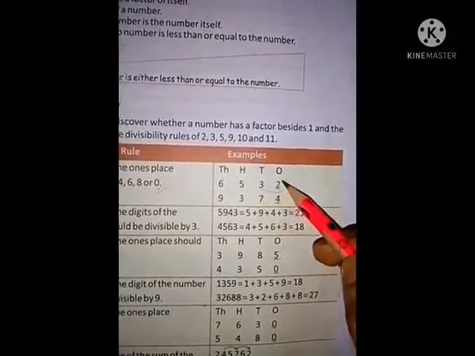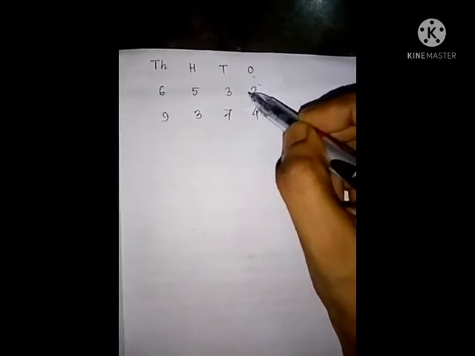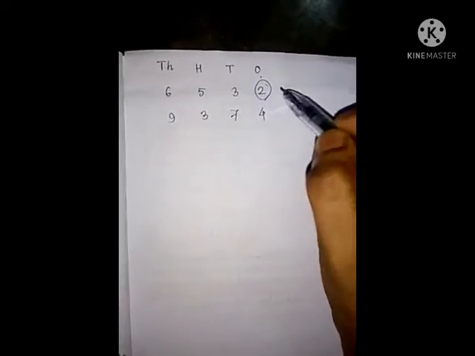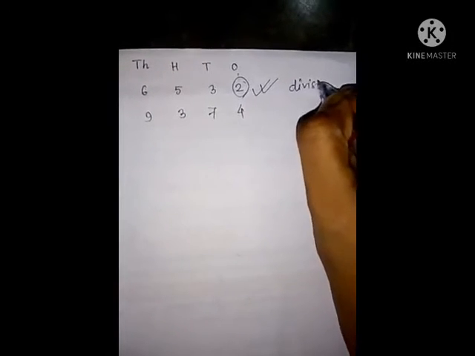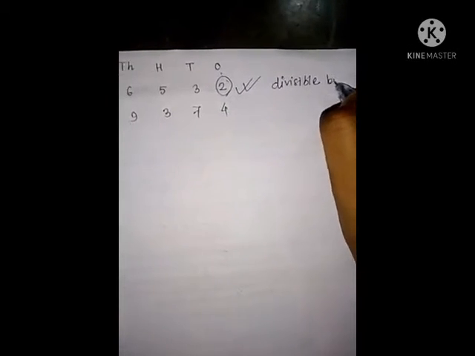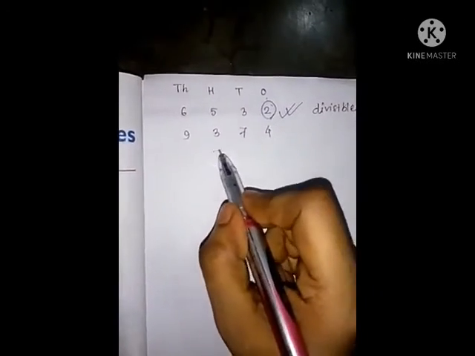Here, 2 is present in the ones position. So we can say that this number is divisible by 2.